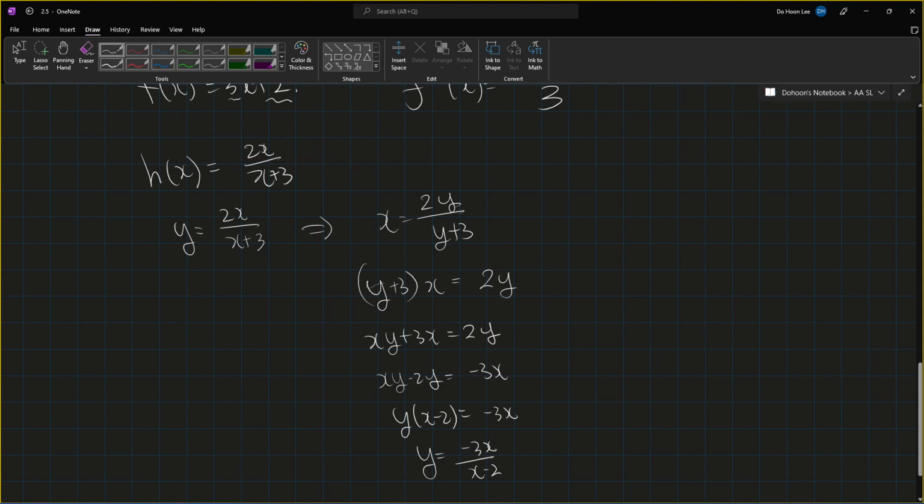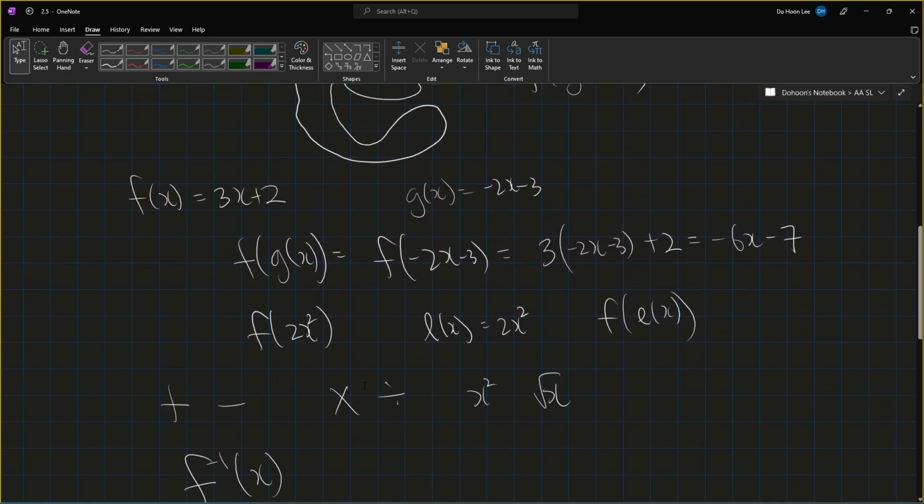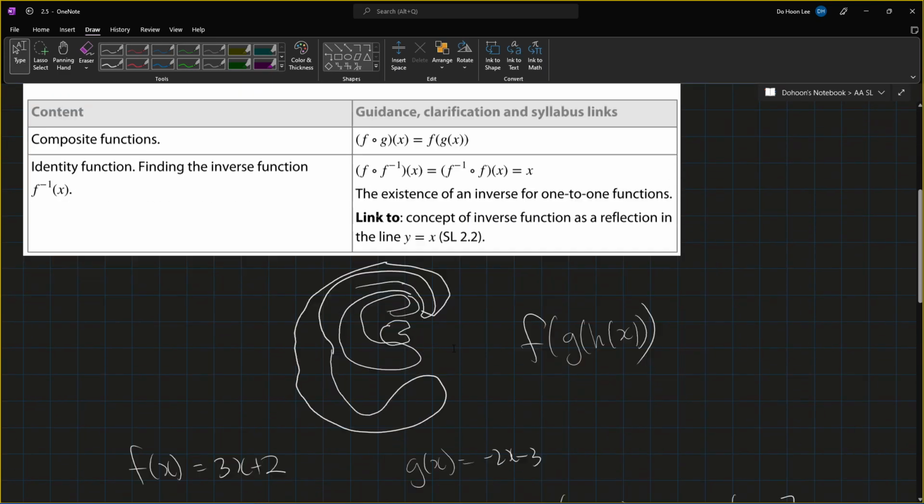There you go. The composite function of inverse function and the original function together produces the same input.